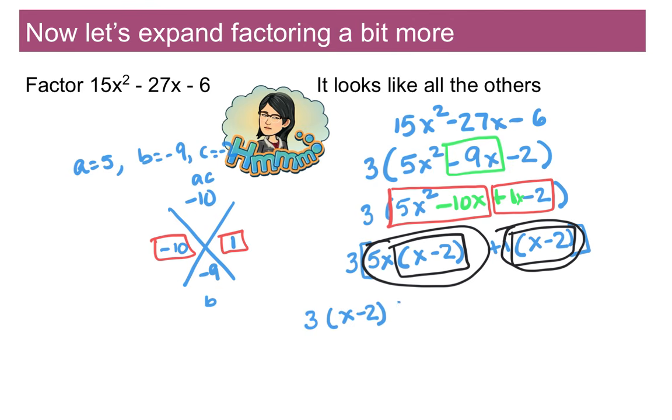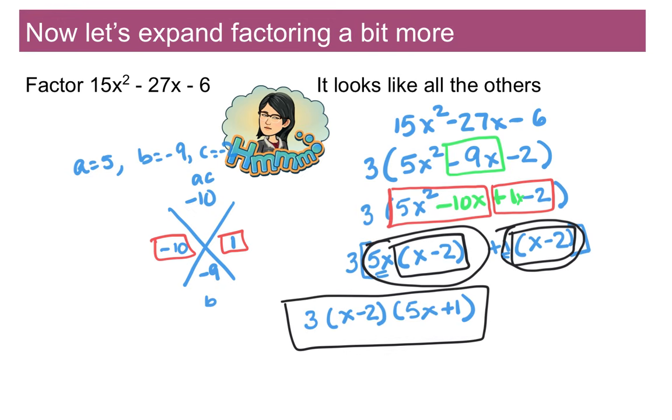And I'm left with the 5x from here and then plus 1. There is my completely factored out trinomial right here, and you would always be able to check that with FOIL. Multiply it back out, see if you get back to the original, which is right up here.